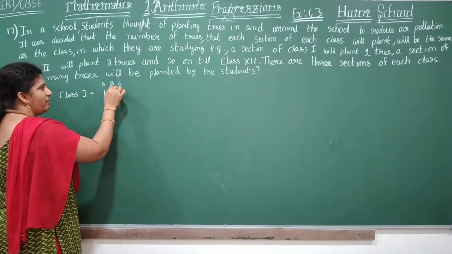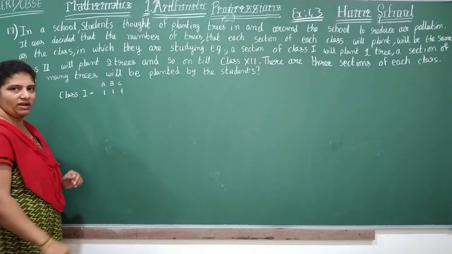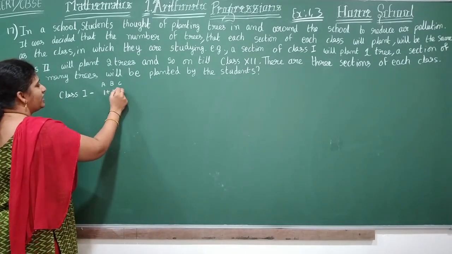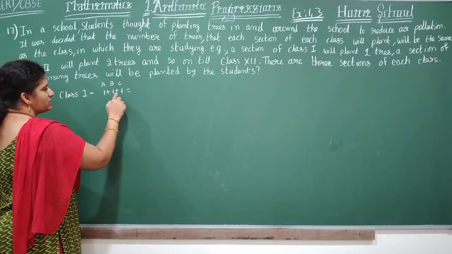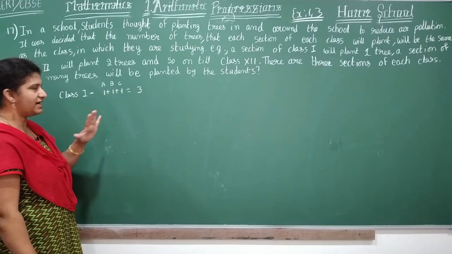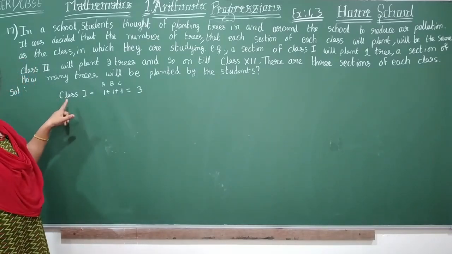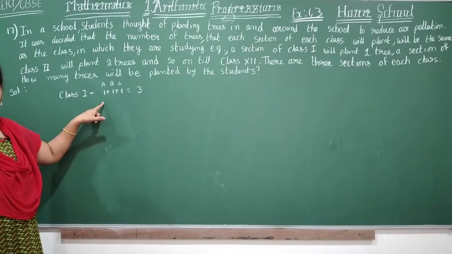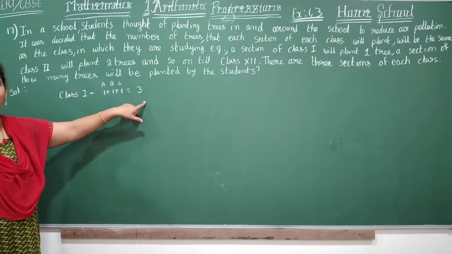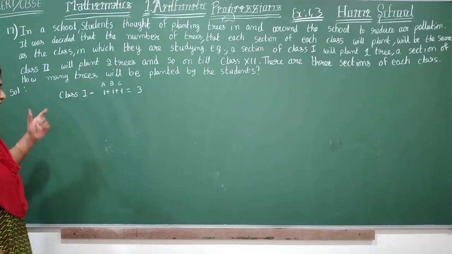A will plant 1 plant, B section will plant 1 plant, C section 1 plant. So total how many here, children? 1 plus 1 plus 1 will be 3. Okay, so for class 1, each section plants 1 tree, and a total of 3 plants are going to be planted for class 1.